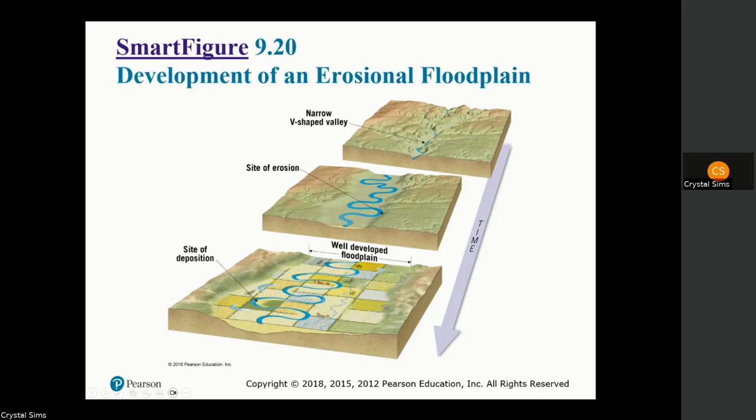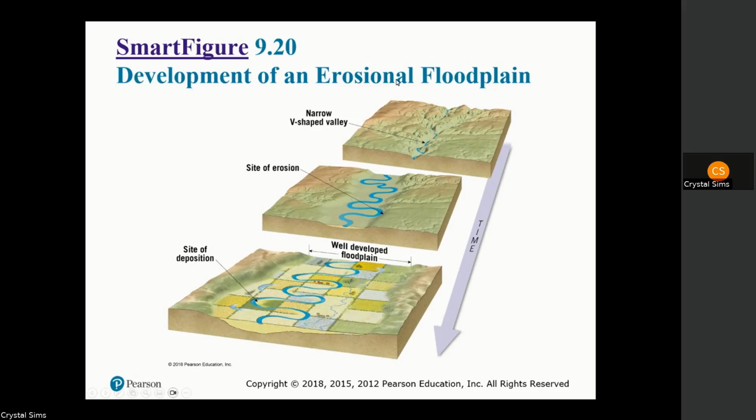So we've got a narrower valley, and so the river starts to kind of meander, kind of go back and forth from side to side, and erosion is going to take place both on the outside, or more on the outside edge, as you saw in the Mississippi River video.